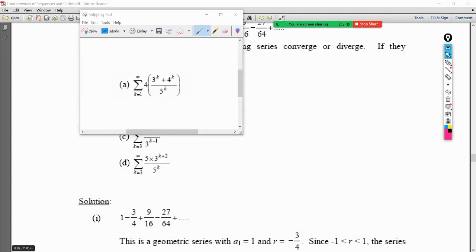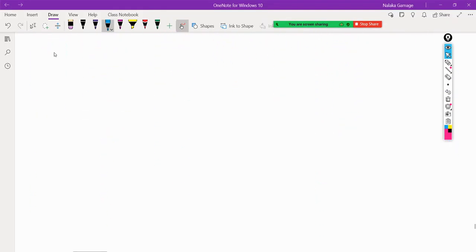I want to take it to the Y node because it's a little bit lengthy. Just give me 1 minute to get this. Okay. Right, so let's start.